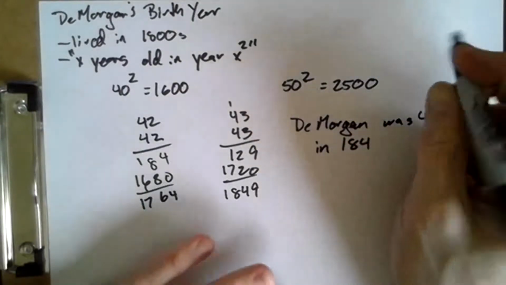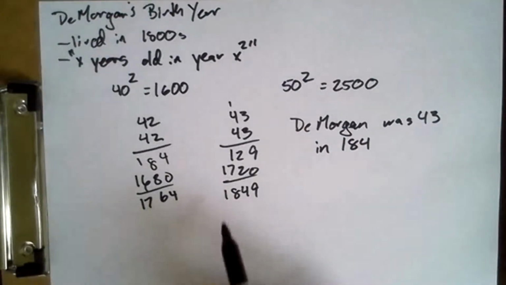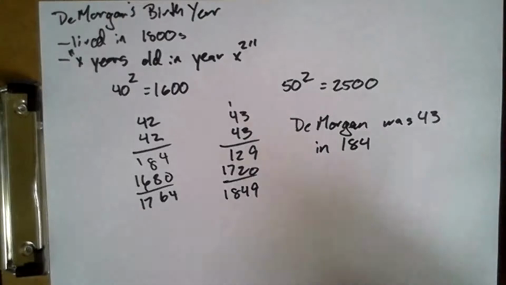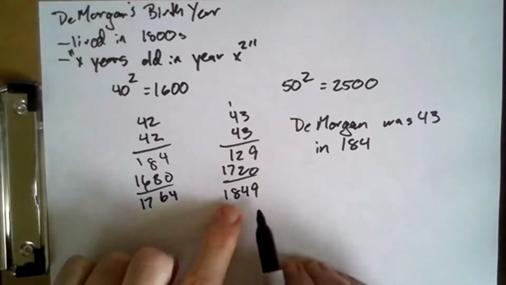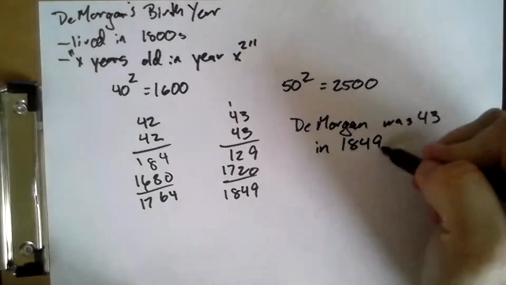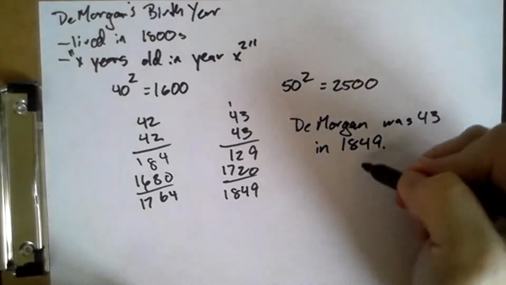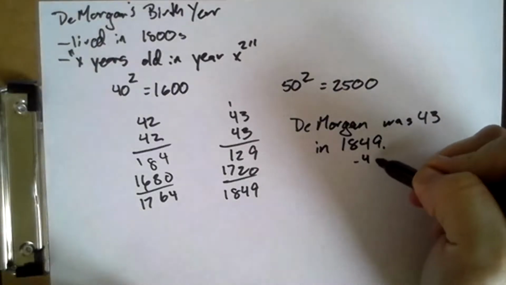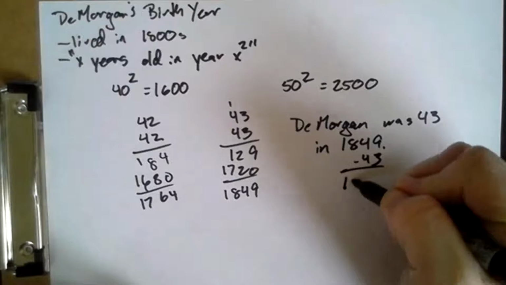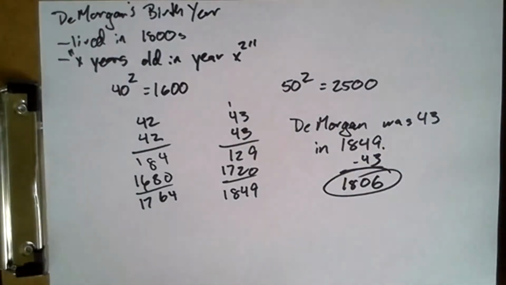And we can say for sure that that's the case because the difference between 1764 and 1849 has to be less than the difference between 1849 and the square of 44. So all we have to do to find his birth year is subtract 43 from 1849, and we get 1806. De Morgan was born in 1806.